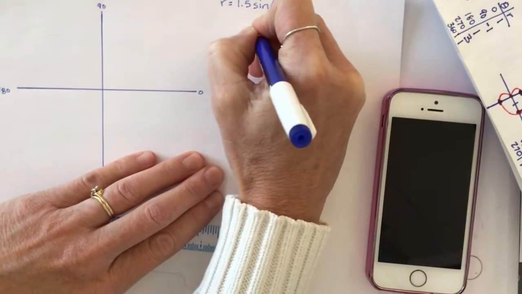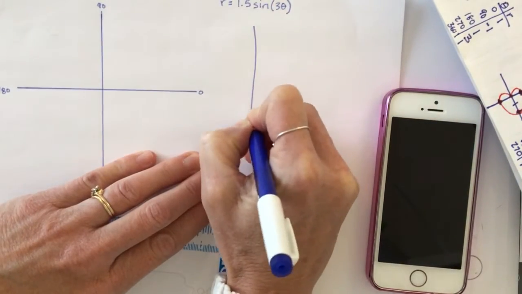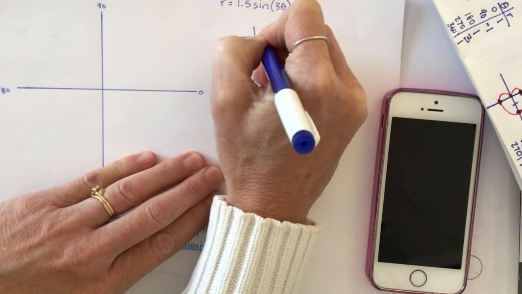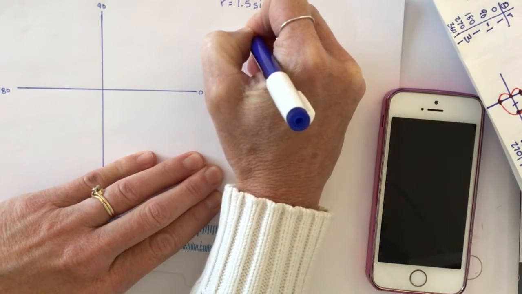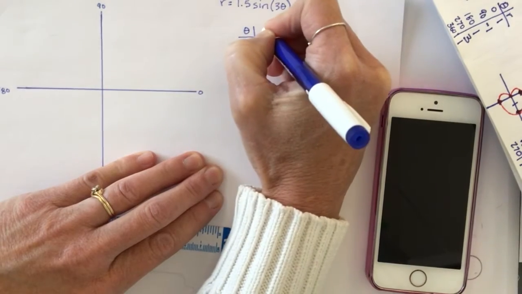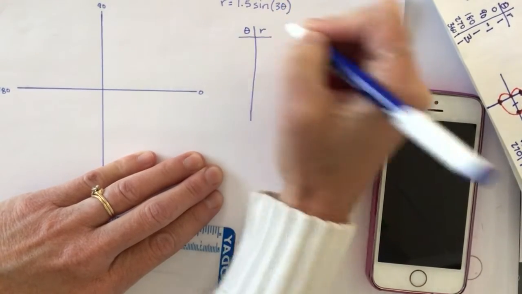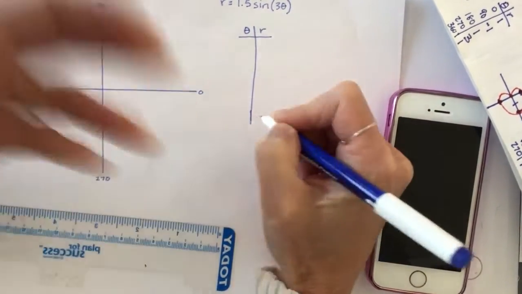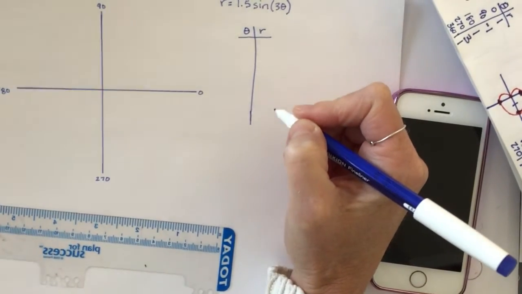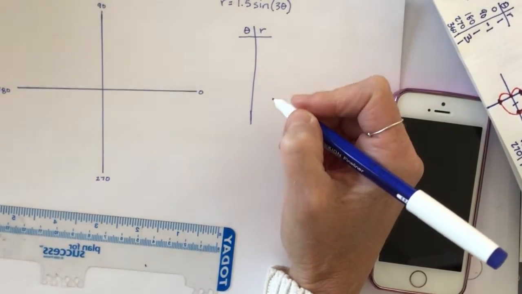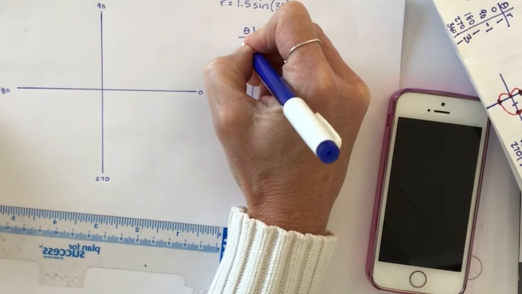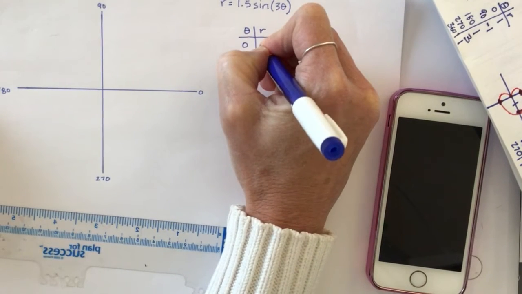And let's put in a table, and you can use the table function on your calculator if you're not super comfortable. Theta there, and r, and we can also use our calculator here. So if you want to use your table function, we can always put in 0, and we know that's 0.